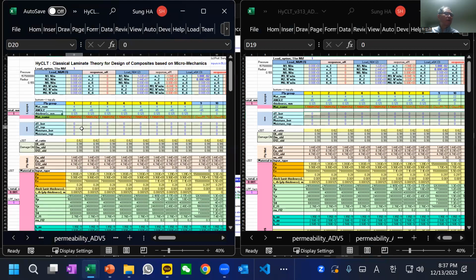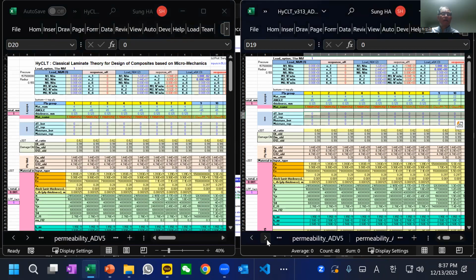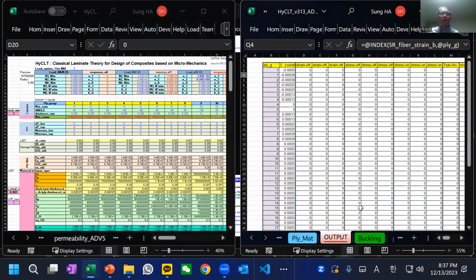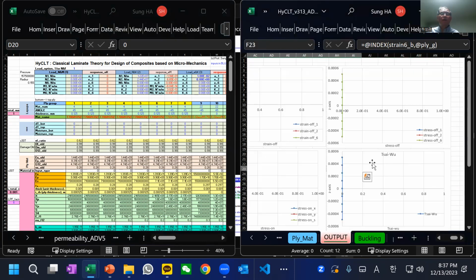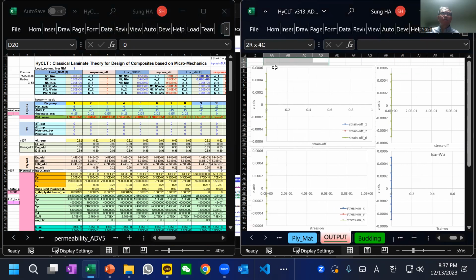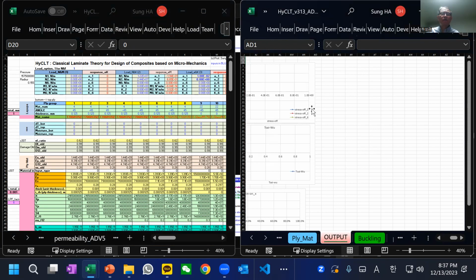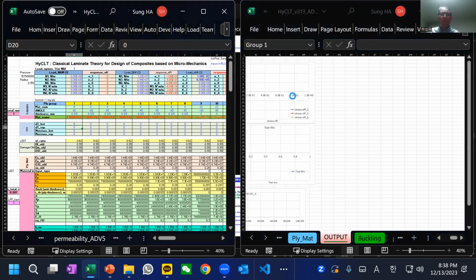So this is the one, and then let's take a look at the output. Of course, all the strains and stresses will be zero, and I'm sure the stresses and the strains will also be zero.